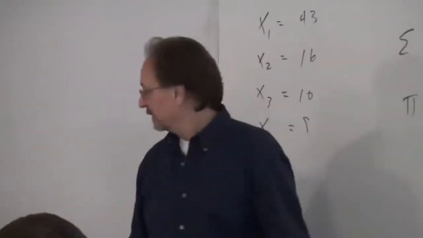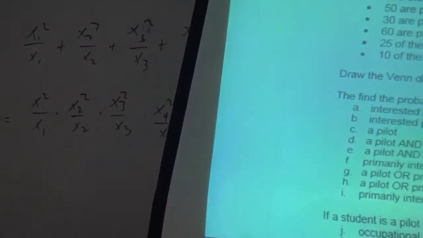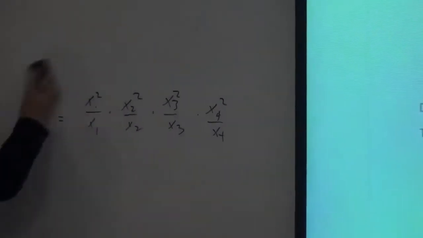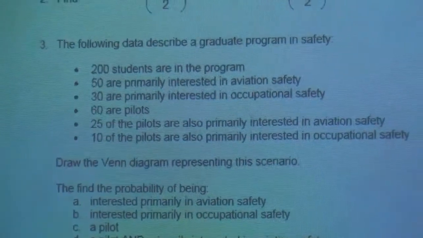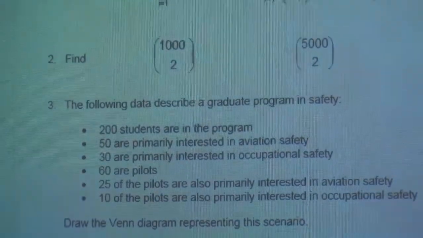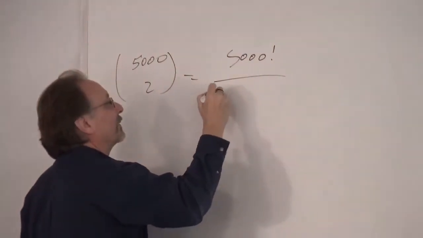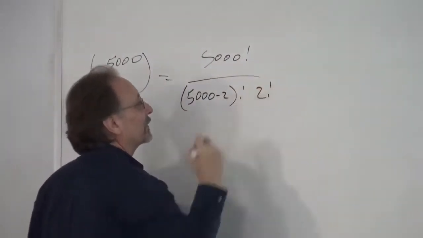Then the combinatorics with large numbers. I'll just do the second one. Okay, so 5,000 objects taken 2 at a time is 5,000 factorial over (5,000 minus 2) factorial times 2 factorial.